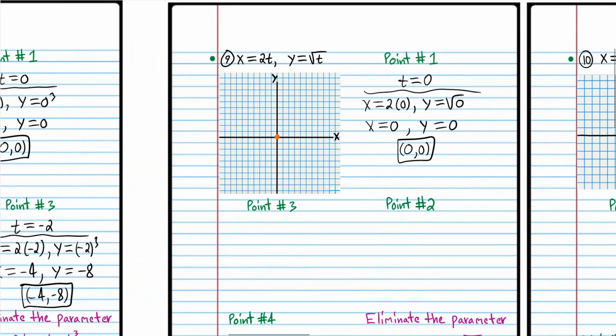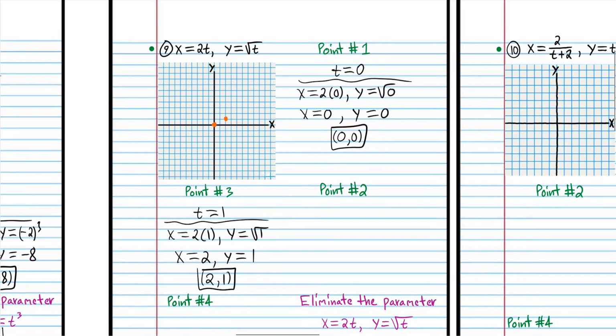And let's choose t is equal to 1. So x is equal to 2 times 1. Y is equal to the square root of 1. So 2, 1.